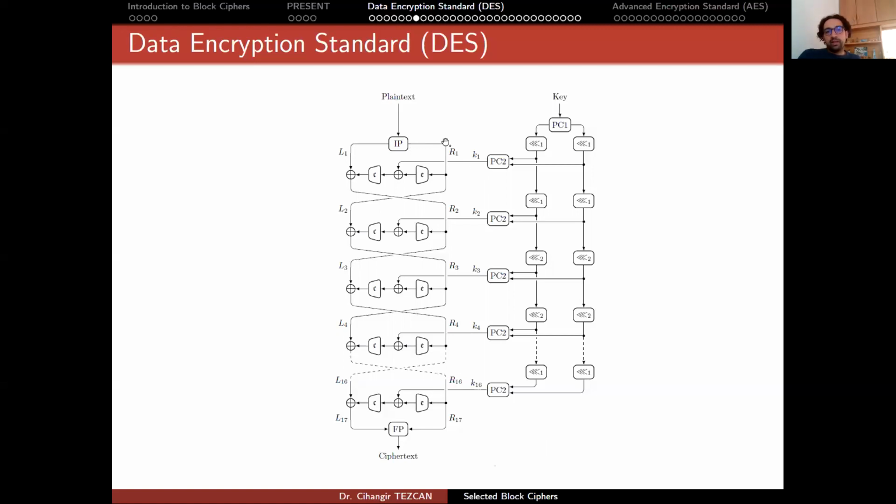The right part is first put into the E function, which is expansion. 32 bits become 48 bits. Then the 48 bits are XORed to the round key. Then we have the rest of the round function, which has substitution and linear layers. In the substitution layer, we have S boxes, and in the linear layer, we have the permutation. Then it is XORed to the left 32 bits. So this is actually the big picture. But now we will see all of these parts in detail.